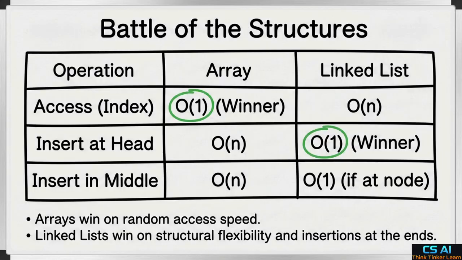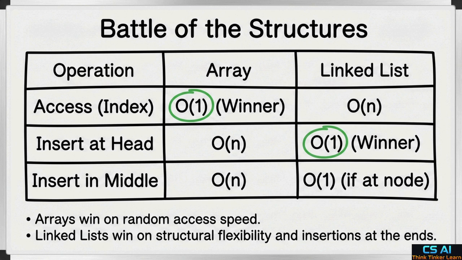Let's summarize with a battle of the structures. Arrays versus linked lists. When it comes to accessing an element by its index, arrays are the clear winner, with O(1) constant time access. Linked lists, as we discussed earlier, require a linear walk, making it an O(n) operation. However, when inserting an element at the head of the list, linked lists take the win with O(1) efficiency, as you only need to adjust a couple of pointers.